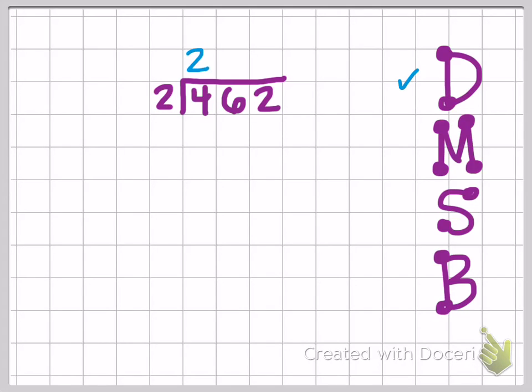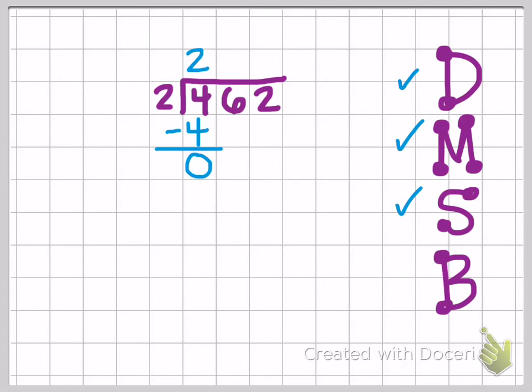Next we multiply. 2 times 2 equals 4. We place the 4 underneath the 4. Everything's lined up nicely. Next we subtract. 4 minus 4 equals 0.